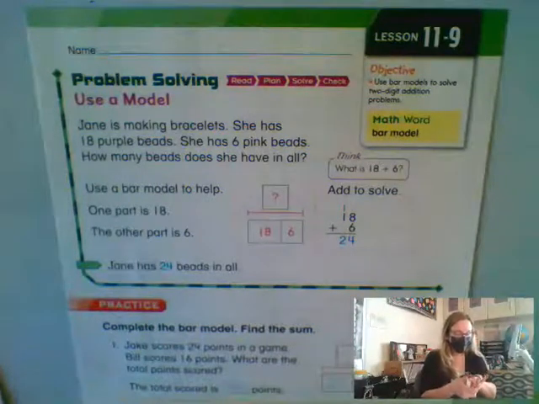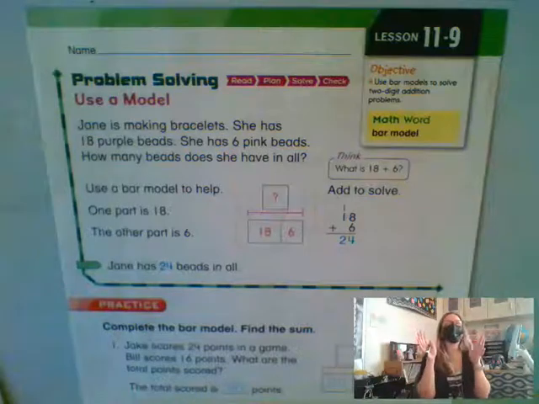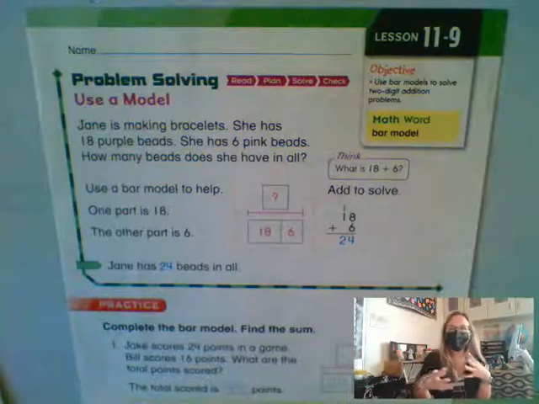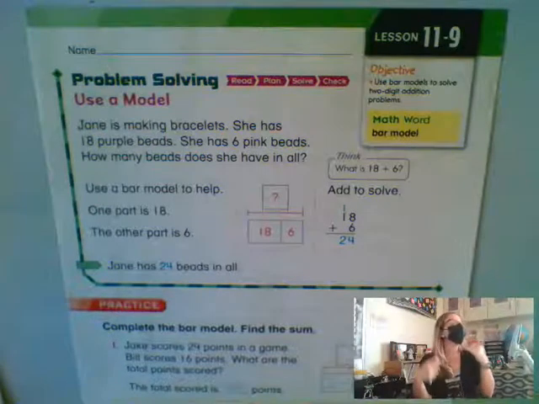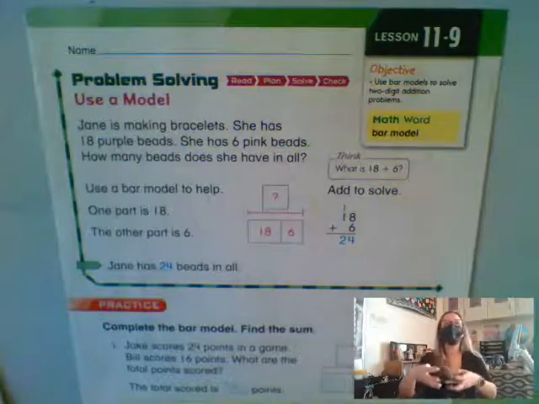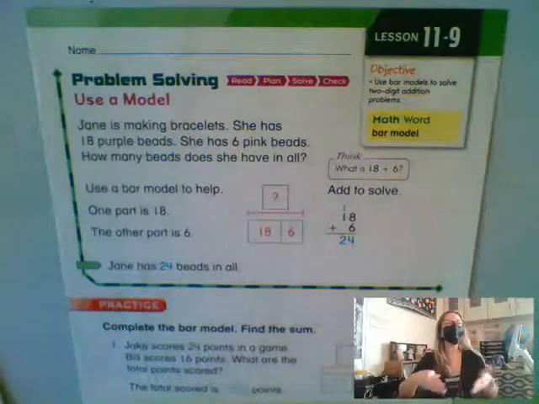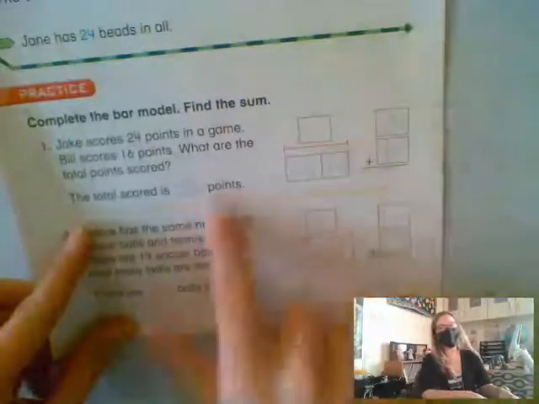The problem-solving lesson is always the lesson where they give us different word problems or scenarios that we have to use the strategies we've learned in the chapter to apply in order to solve the equations. So I will be doing some of the solving right here with you in the book.